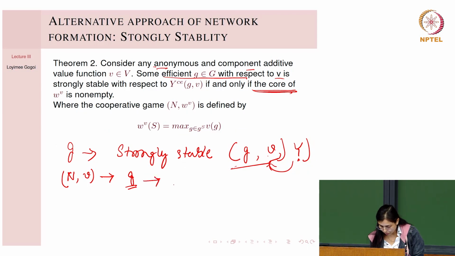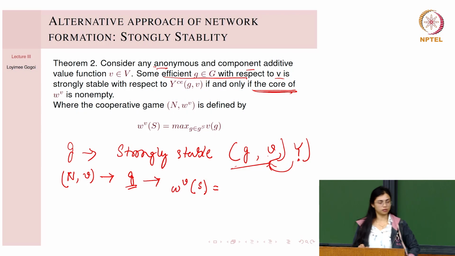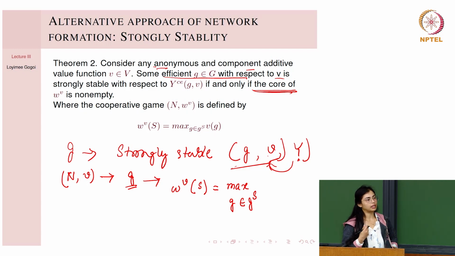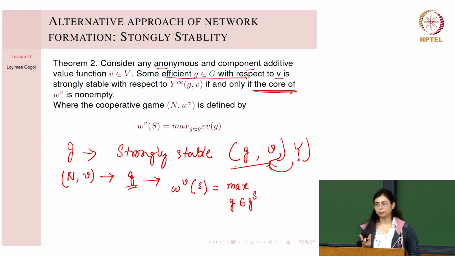That cooperative game will be W_V, where for any coalition S, it will consider the maximum of V of Z, G_S, the complete network of the players S, and so on.